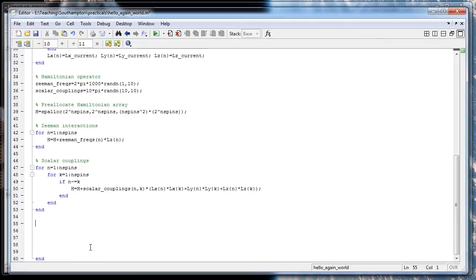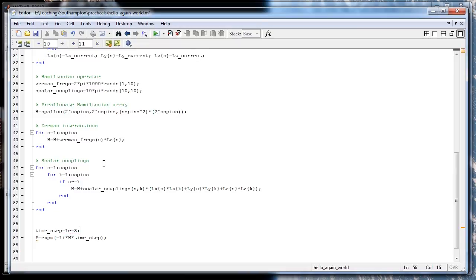So let us pick up our Hamiltonian that we now have and compute a propagator. So P will be expm of minus 1i times H times time step. And let's take a time step that, well, let's put it that way, hasn't been judiciously chosen. So our time step will be of the order, if we've got a few thousand hertz, let's take a millisecond time step.